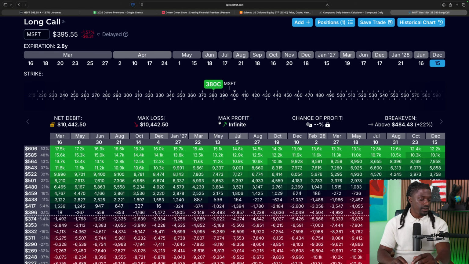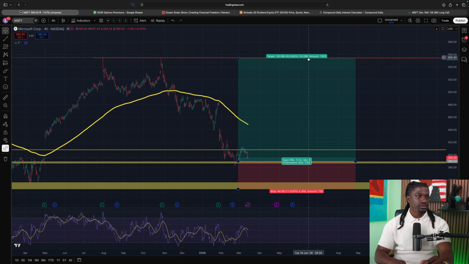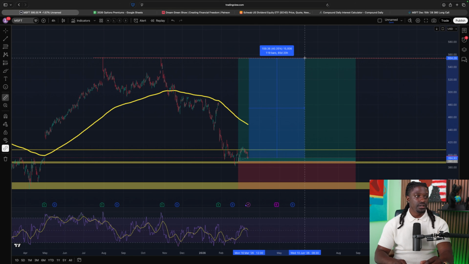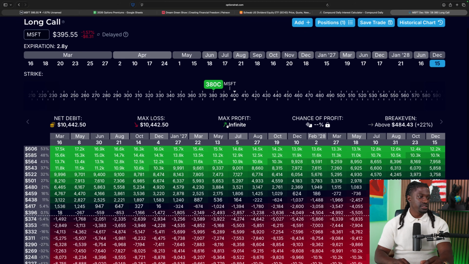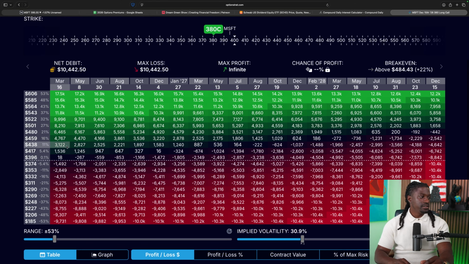And let's say Microsoft goes up to the 40% that we had picked over here over the next 2 years. Let's see what kind of income we could have. So we bought one contract, and it goes up to $564 over the next couple of years, we can have a profit of $7,958.